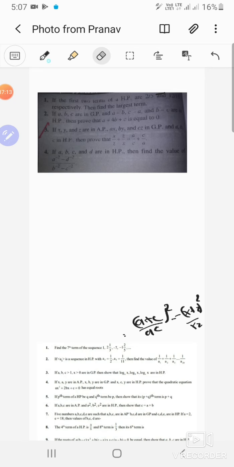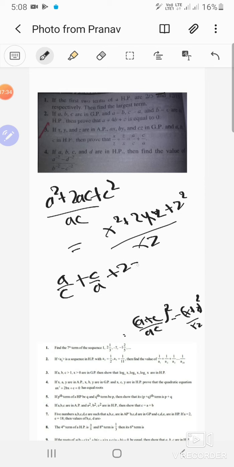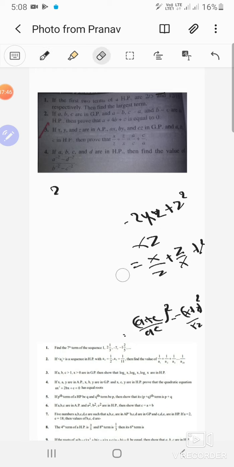That will give me a squared plus 2ac plus c squared upon ac equals x squared plus 2xz plus z squared upon xz. Okay, now let's break off this fraction, so that will give me a upon c plus c upon a plus 2 equals x upon z plus z upon x plus 2, and then these will cancel. So yeah, that's exactly what we had to prove. Easy. Let's go to the next question.